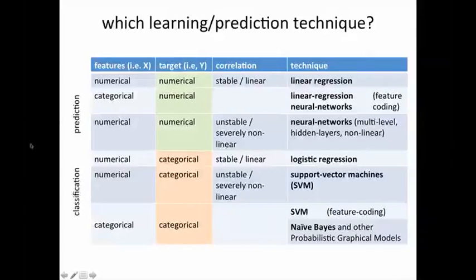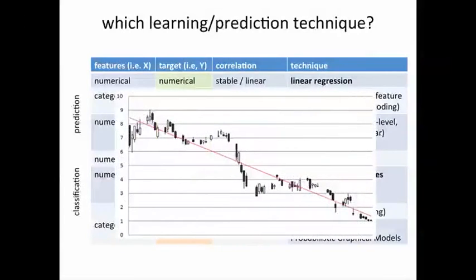So in the most straightforward case, if we have numerical features and a numerical target we want to predict, the correlation is stable and fairly linear, we'd use linear regression. Now, when I say stable and fairly linear, even in situations like this, one would still prefer to use linear regression rather than some complicated nonlinear function, because using higher order functions with say squares or cubes and sines and cosines will tend to overfit the data and will not generalize to situations which may arise in the future.